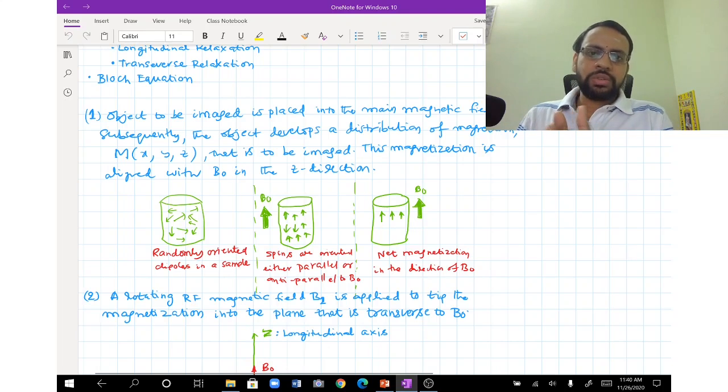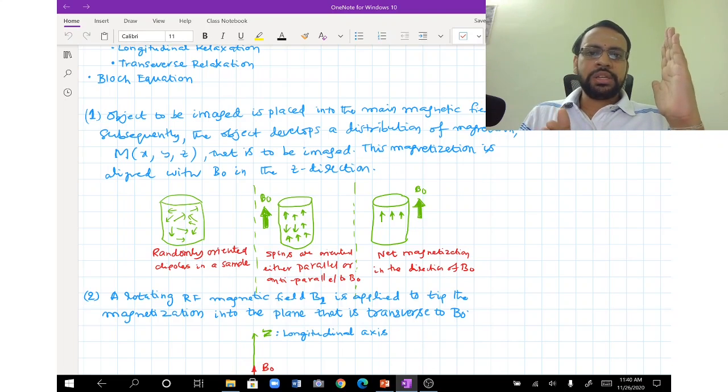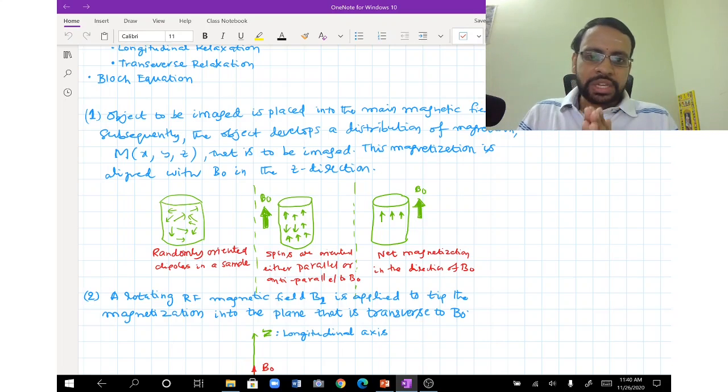Then what if you apply a magnetic field, let's say in the Z direction? The alignments will no more be random, and we discussed this in great detail in the last lecture as well as the lecture before that.